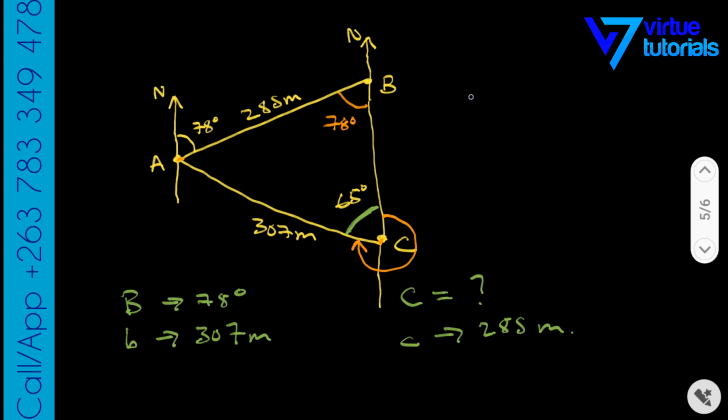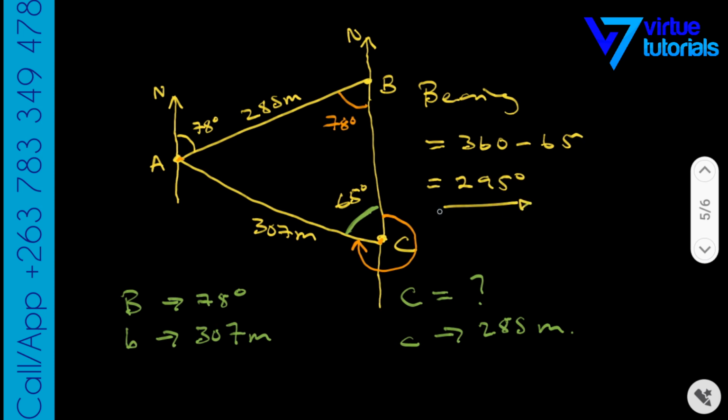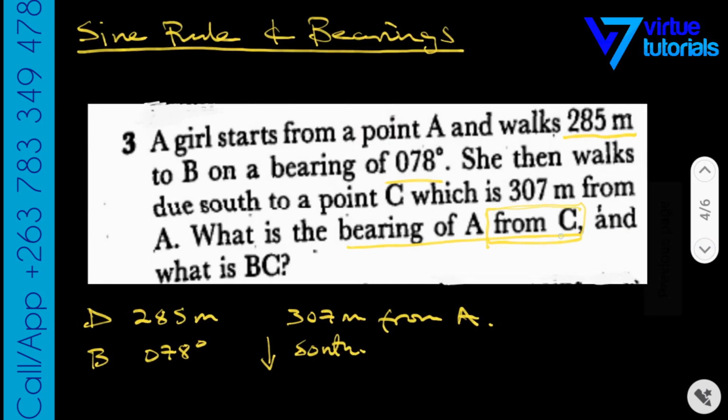So the bearing is going to be 360 minus 65, which will give you 295 degrees. So that is the bearing of A from C.